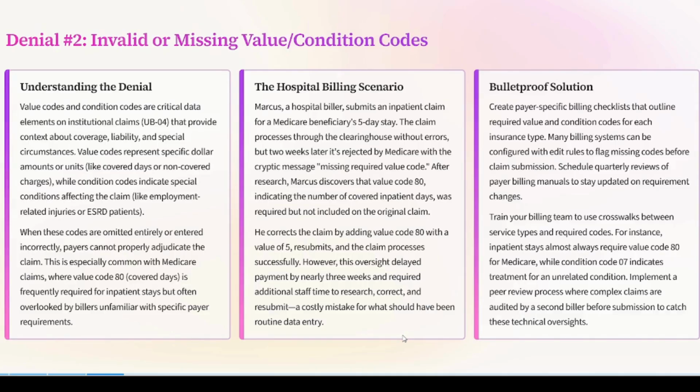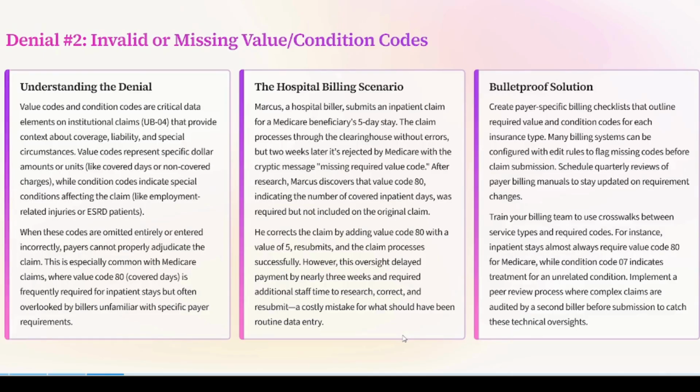He corrects the claim by adding the value code 80 with a value of 5, and upon resubmitting, the claim processes successfully. However, this oversight delayed payment by nearly 3 weeks and required additional staff time to research, correct, and resubmit. A costly mistake for what should have been routine data entry. Okay, so something that could have been paid in 2 weeks' time took 3 weeks to pay.